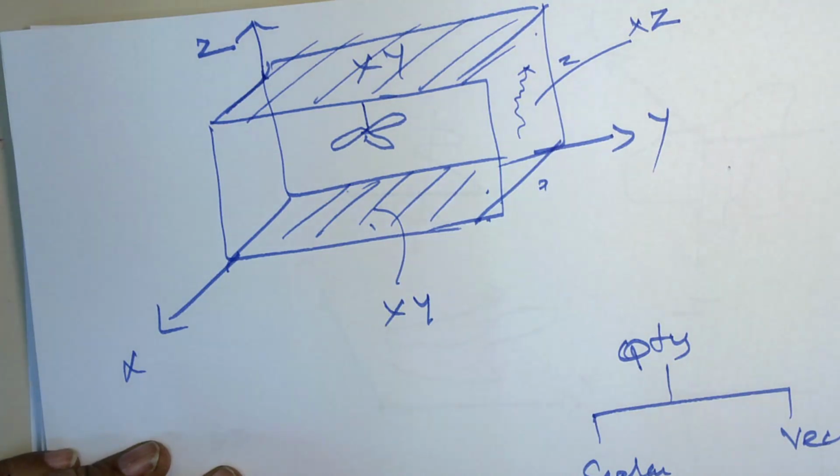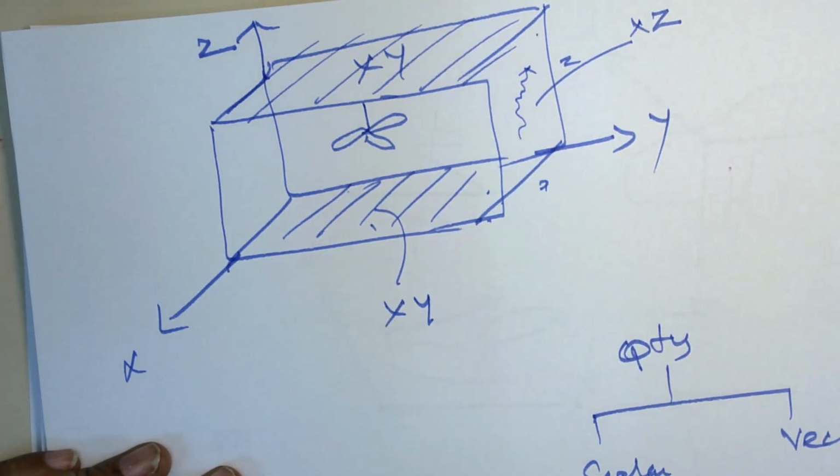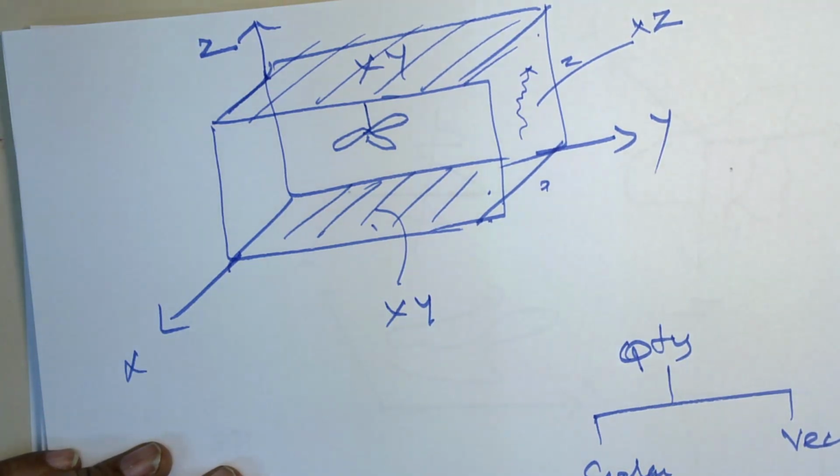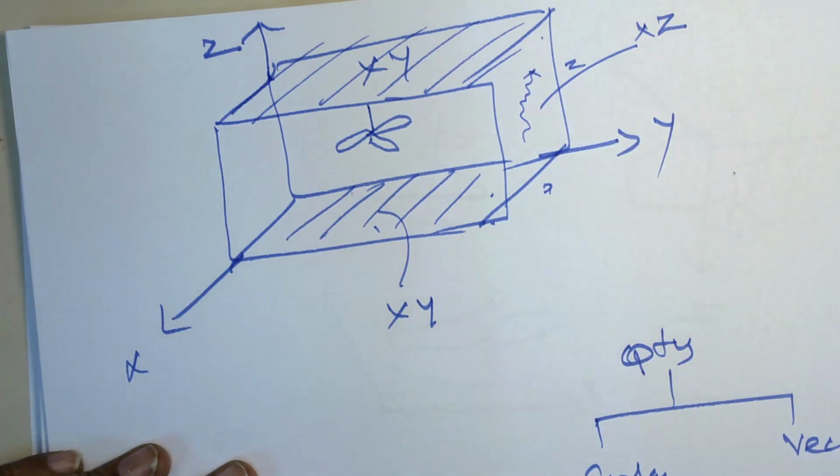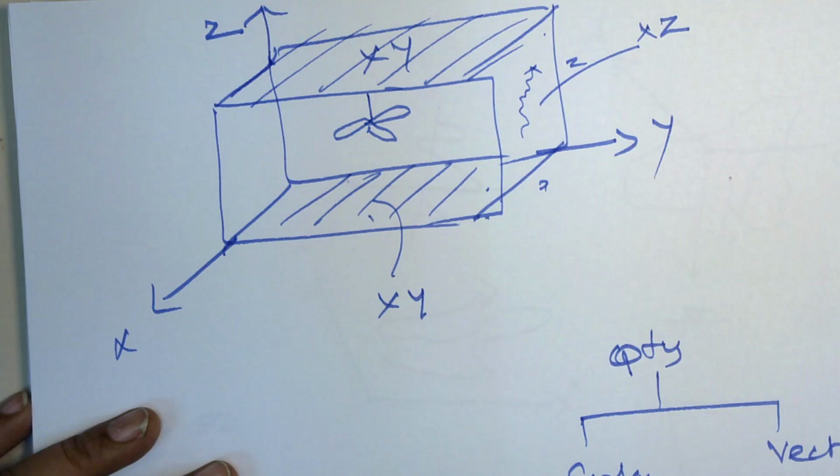For example, mass is a scalar quantity, then length is also a scalar quantity, time, scalar quantity, speed, scalar quantity. But what about displacement? Displacement is a vector, right? Then velocity is also a vector. Then acceleration is also a vector.